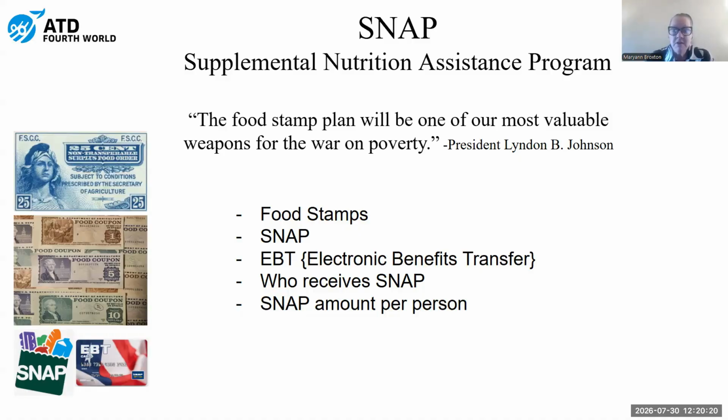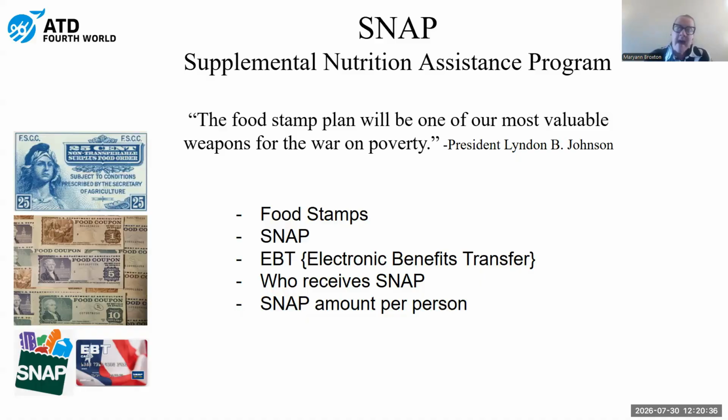People could purchase orange stamps for $1 and receive an additional 50-cent blue stamp, increasing purchasing power by 50%. This program was eliminated in 1943 due to World War II.